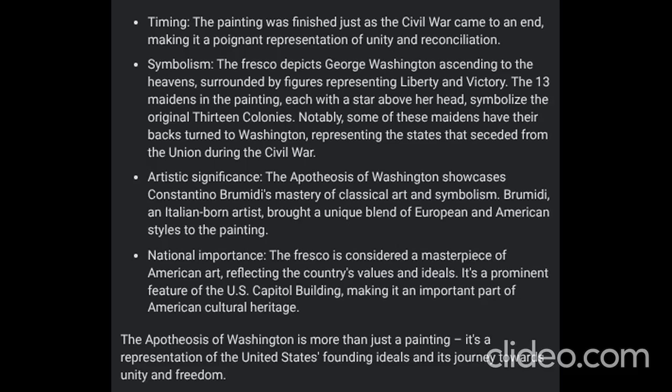So you can read through this. And was there any significance to the apotheosis of George Washington as far as when it was created, when it was commissioned, and all of that?